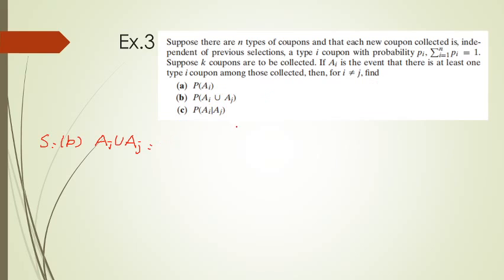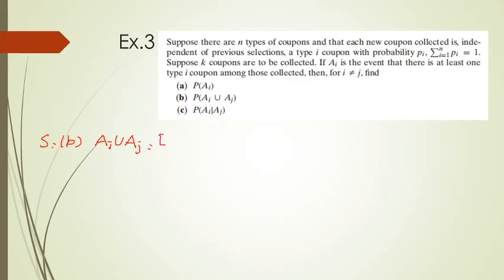Union means either a type I coupon is included in the K collected, or a type J coupon is collected, or both type I and type J coupons are collected. That is what the union event means, right?